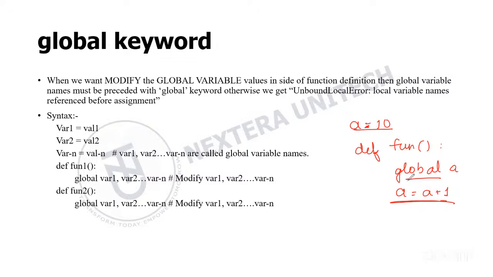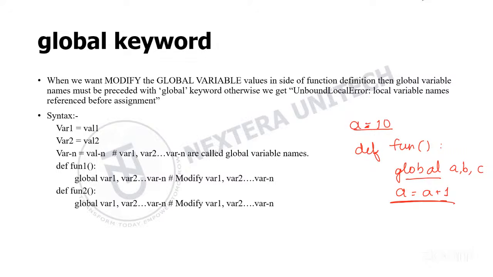And you can also declare multiple global variables at once. So you can just use global and then declare a comma b comma c, and you can declare multiple global variables like this. And then global affects the entire function.